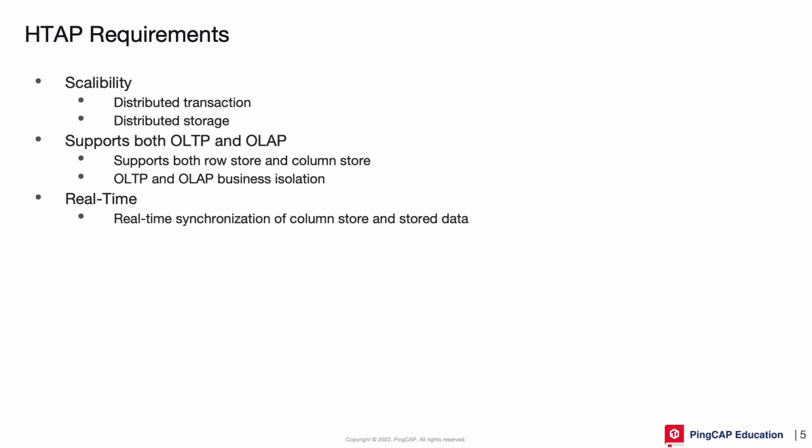Next, OLTP and OLAP use cases are supported by a single environment. Due to the different characteristics of the two use cases, it is necessary to support both row store and column store. However, OLTP requires high concurrency and guaranteed consistency, and OLAP requires high performance data scanning. How do we ensure that the two do not adversely affect one another?